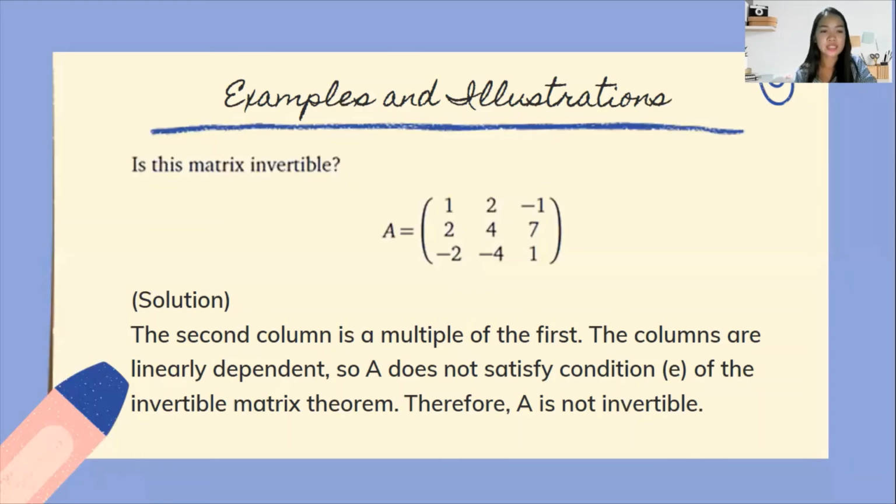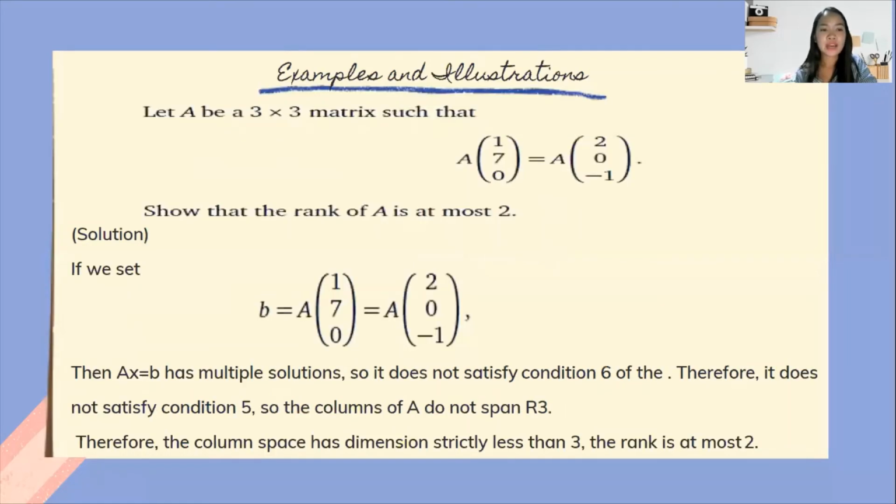Okay, next, we have: let A be a 3 by 3 matrix. In the columns we have 1, 7, and 0. Then the other one we have 2, 0, and negative 1. Show that the rank of A is at most 2.